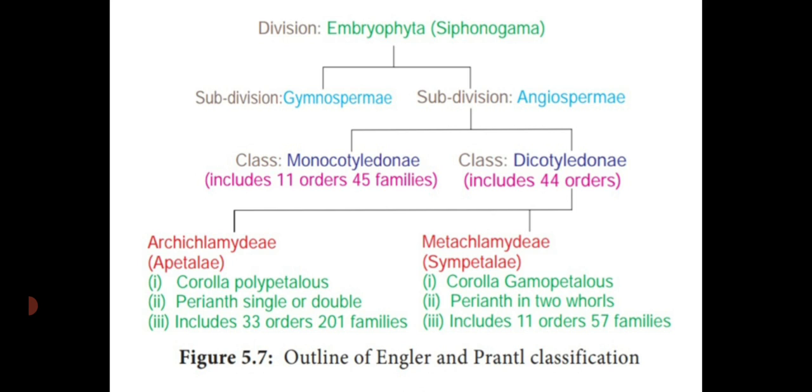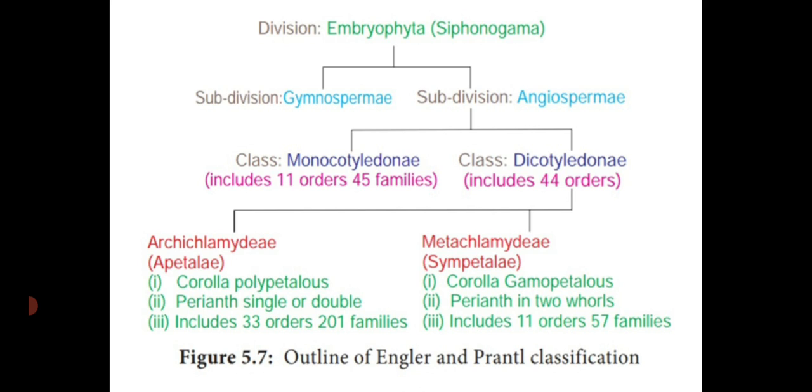The embryophyta siphonogama division is divided into 2: subdivision Gymnospermae and subdivision Angiospermae. Subdivision Angiospermae is divided into class Dicotyledonae and class Monocotyledonae. Monocotyledonae includes 11 orders and 45 families.